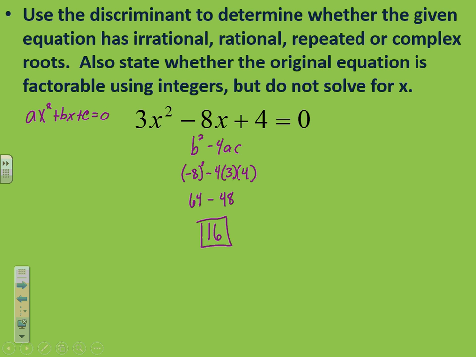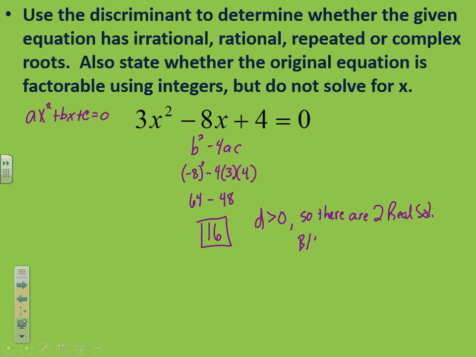So this tells us a couple things. First of all, the discriminant is greater than 0. That means there are two real solutions. Not only are there two real solutions, but 16 is a perfect square.